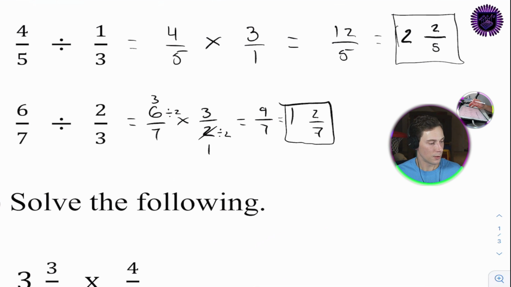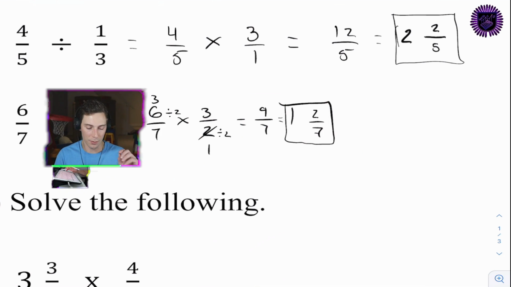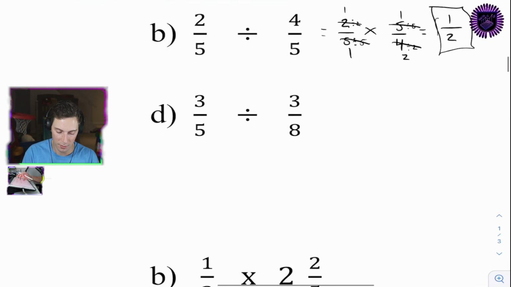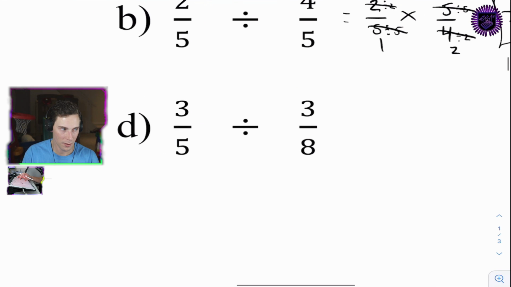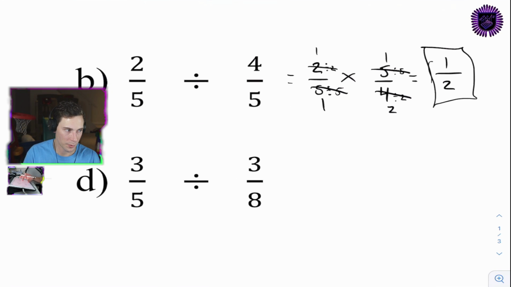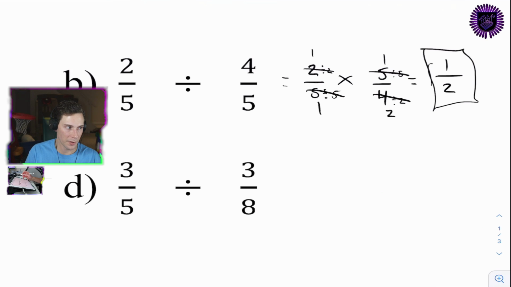All right. Let's go to our next question, D. Let's put D down here below us. So we have 3/5 divided by 3/8.